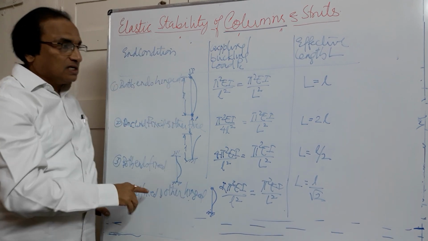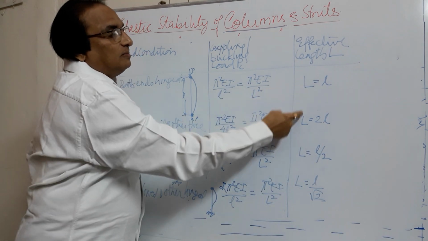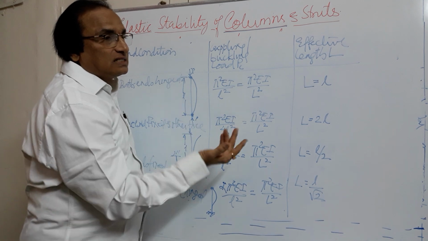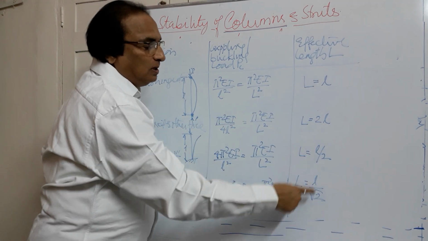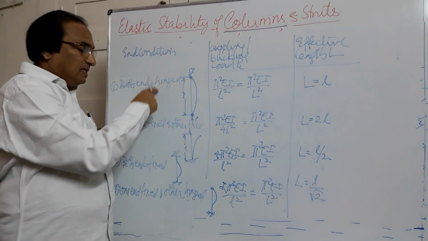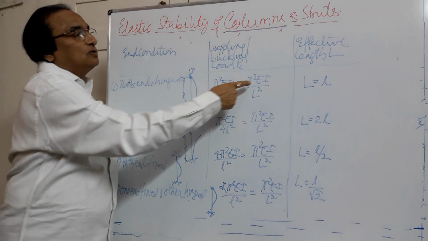If you remember this, the general formula will remain the same for all the categories. Only the change will be in the effective length. So the next thing you have to remember is L, 2L, L by 2, L by root 2. Remember the end conditions, remember that effective length. You can solve the problems by using just one formula.